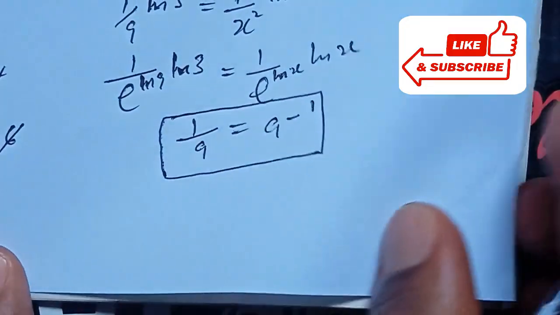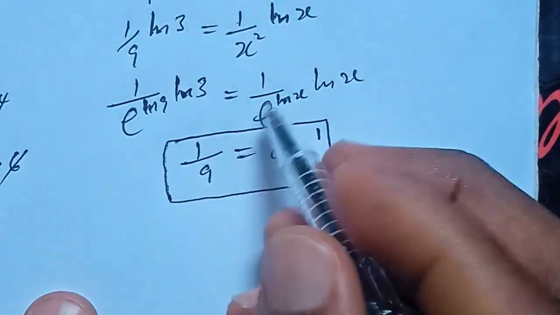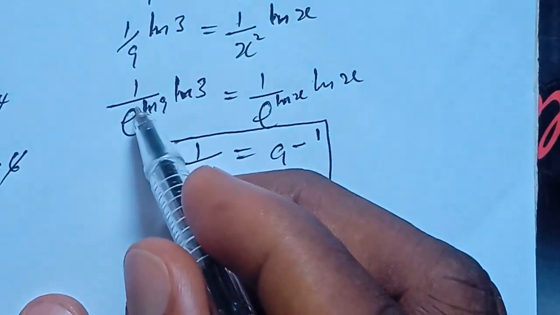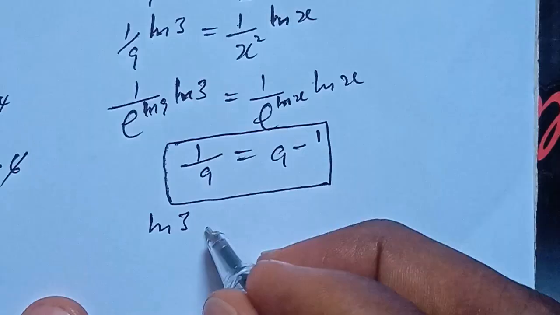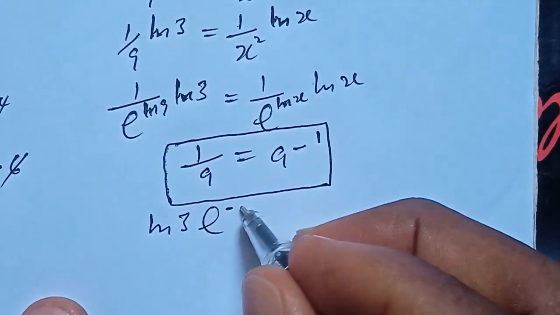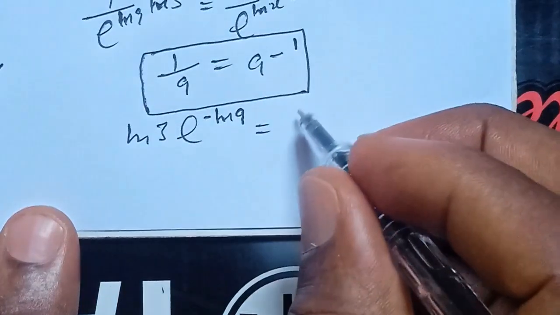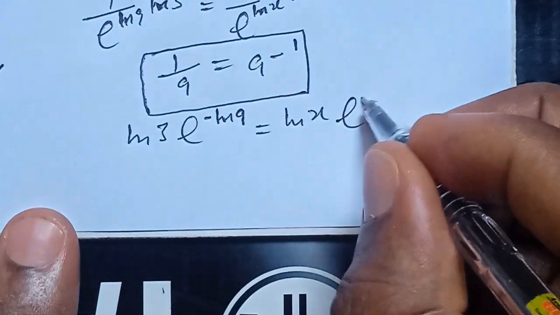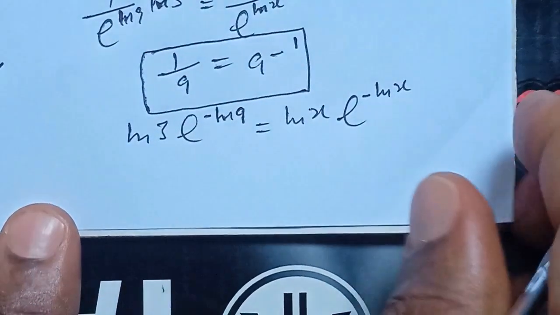Now from here we apply this to have natural log of 3 e to the power of minus natural log of 9 equal to natural log of x e to the power of minus natural log of x.